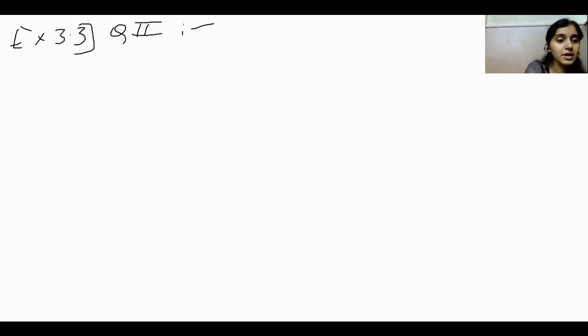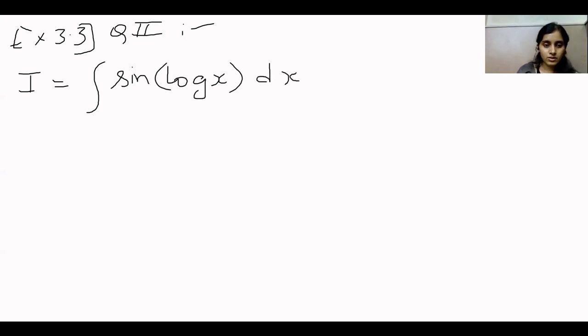So the third sum is sine of log x. So I is equal to integral sine of log x dx. Since there are two functions within one, what we do is we put log x as t. So we say let log x equal to t.